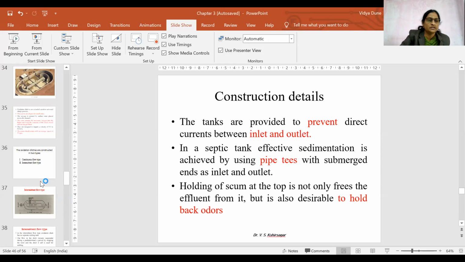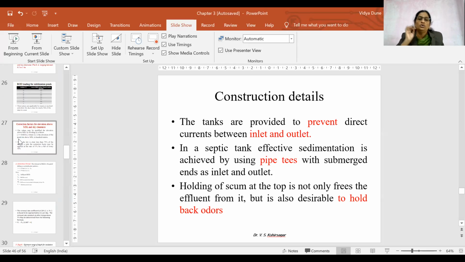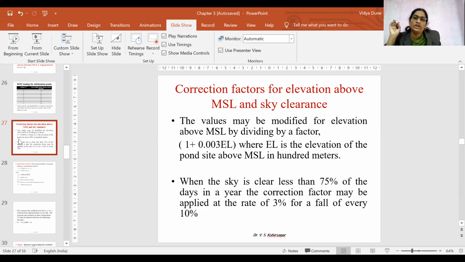Here in the BOD loading, two correction factors are applied: one is for the elevation and one is for the sky clearance. But in respect of sky clearance, nothing is mentioned in your problem, while in respect of mean sea level, it is mentioned.